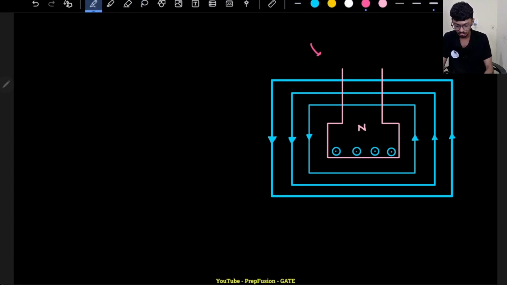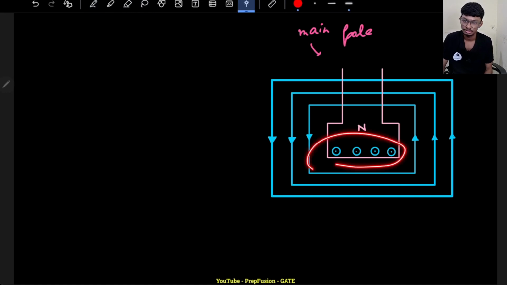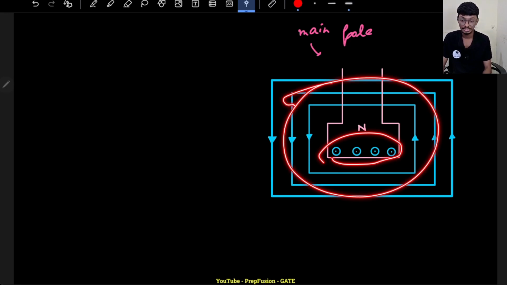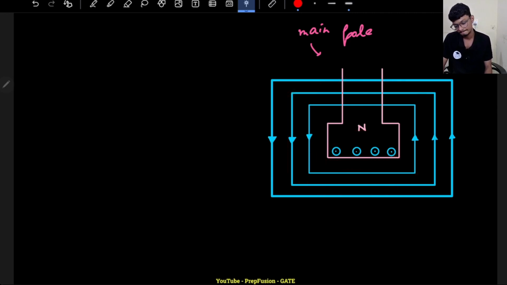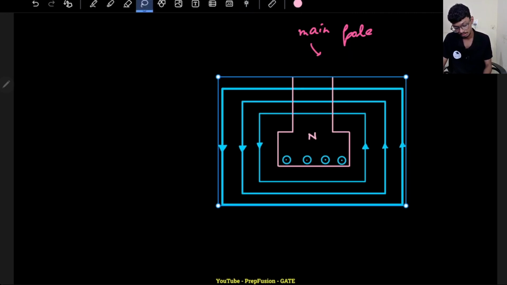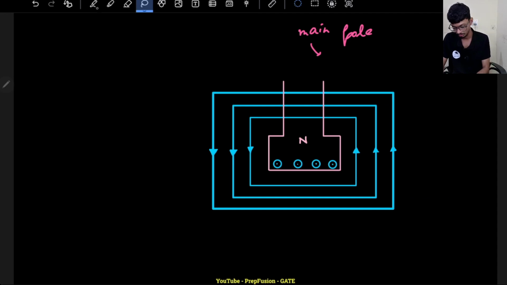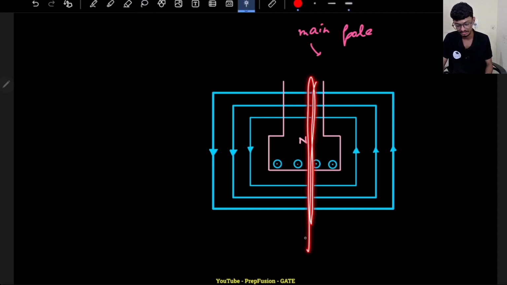In the main pole I will connect few conductors like this. And what's the purpose of these conductors? The purpose of these conductors is to produce a magnetic flux that will oppose the armature reaction. So this direction is the main field, the main pole.